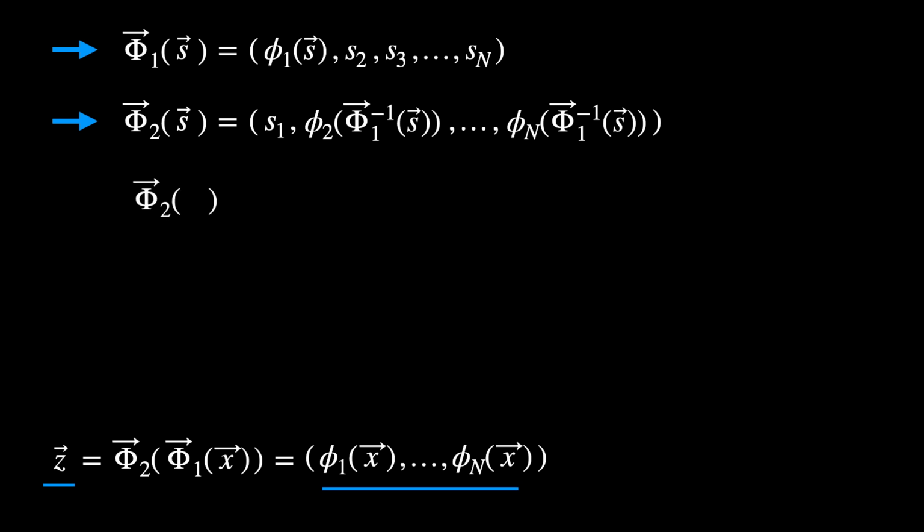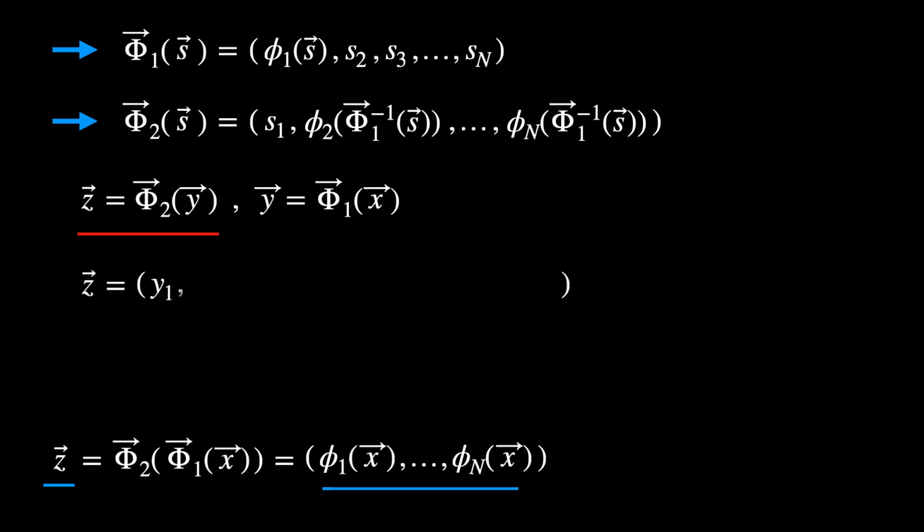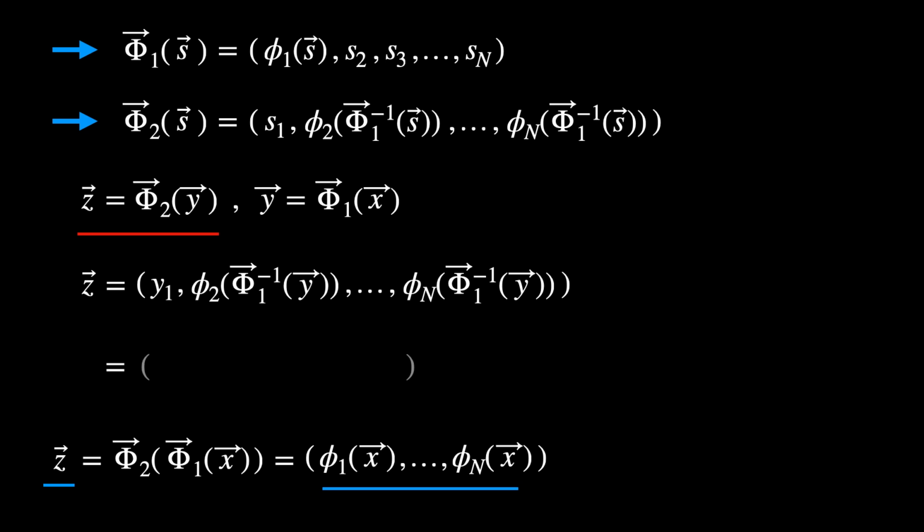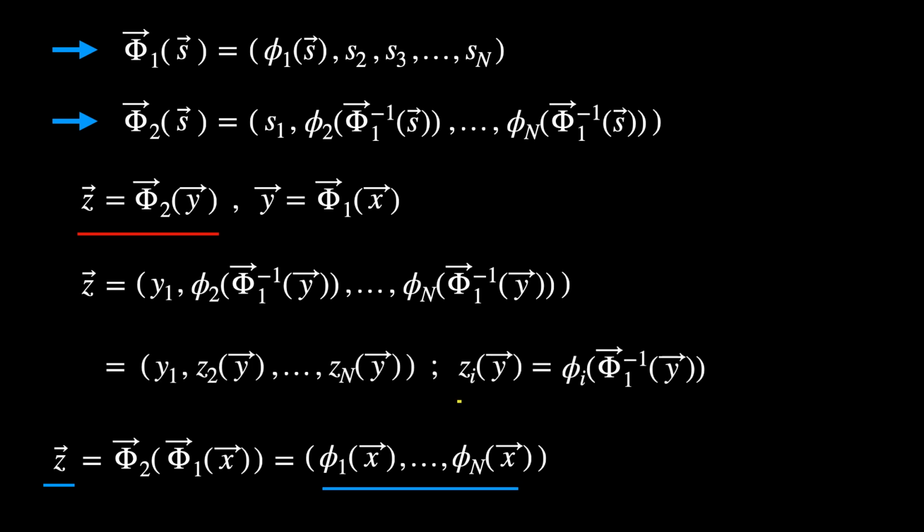Capital Phi 2 is the map between z and y, and capital Phi 1 between y and x. Let's also replace these complicated-looking nested functions with just zi of y, where i runs from 2 to n. That is, all the components except 1. This component is unchanged.